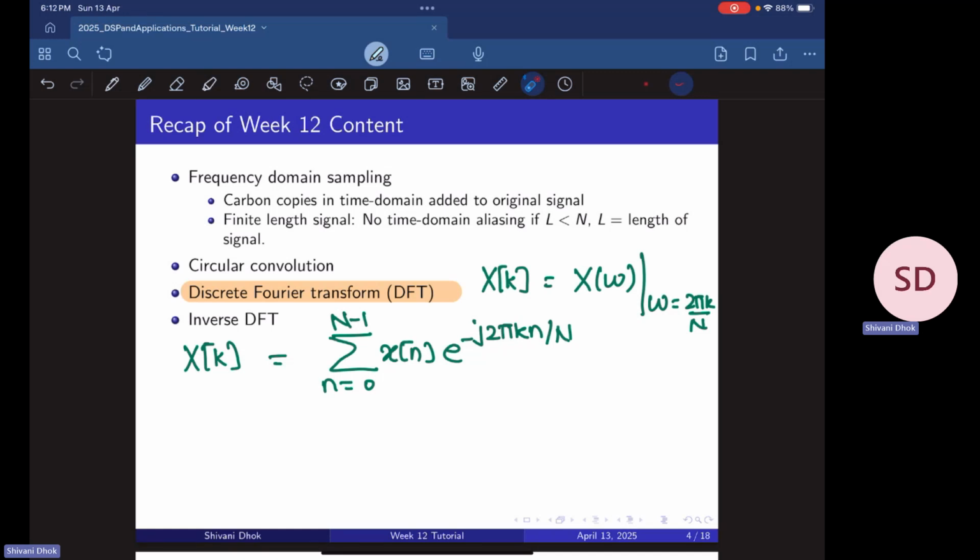You can find the DFT for N less than the length of the signal, but it will cause time domain aliasing.